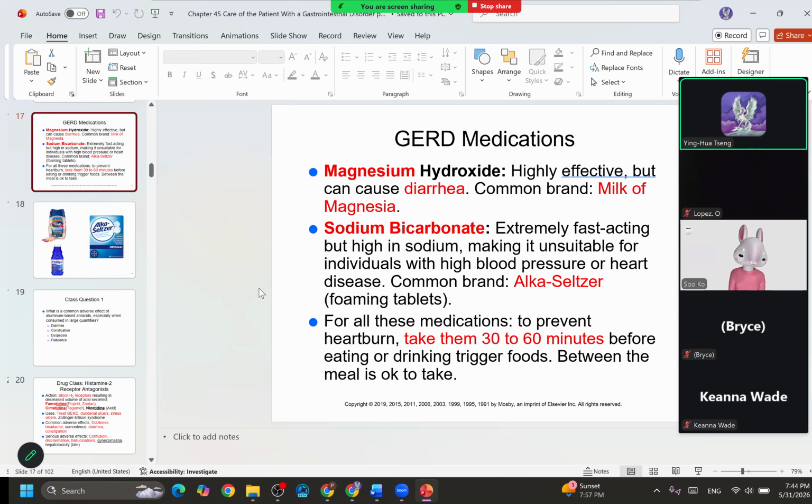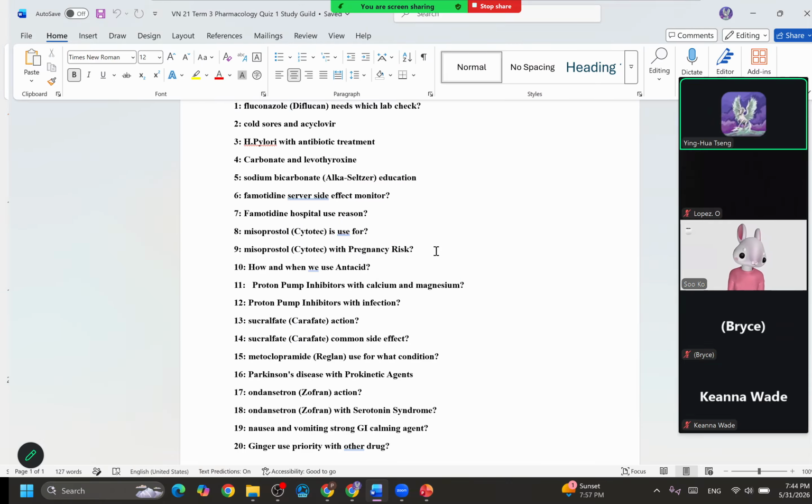The indication is high blood pressure and heart disease. So if a patient has heart failure, this medication may not be good, because it will retain lots of water in your body, since it's a salt. Okay?